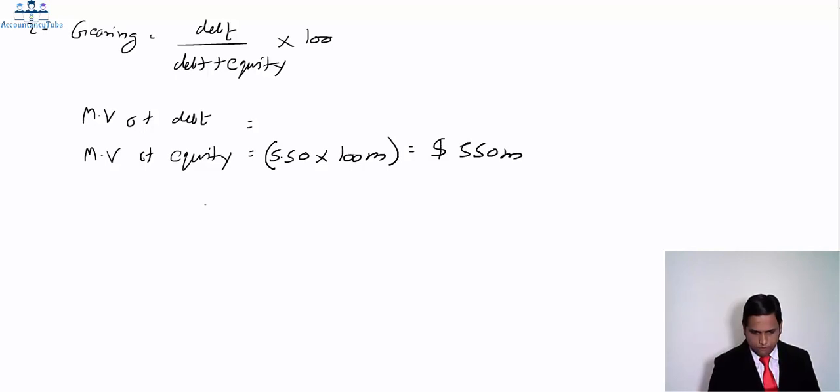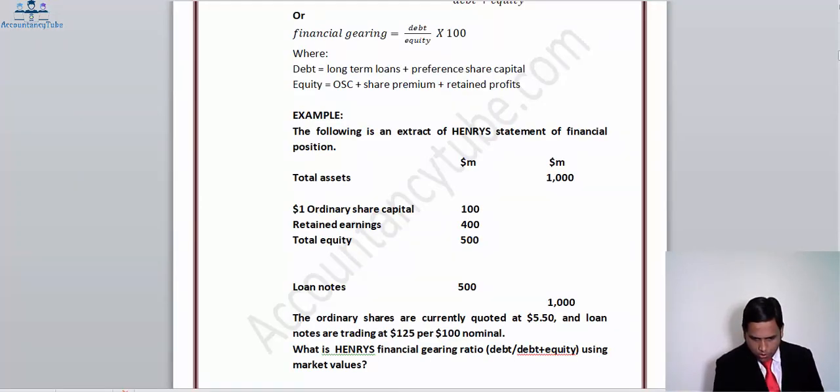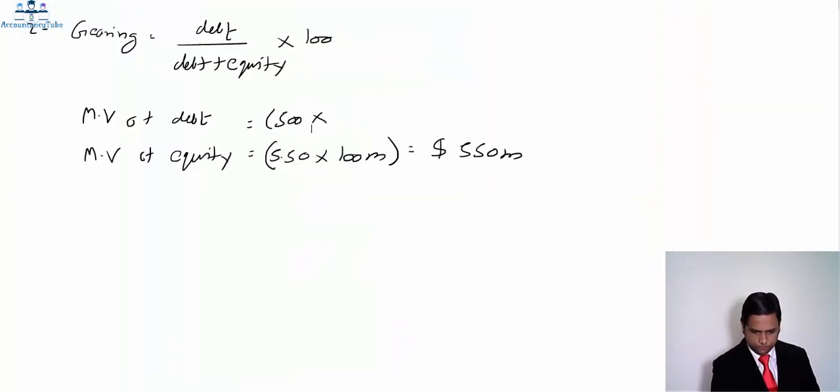And the debt, if I remember correctly, was 500 and was trading at 125 per 100 nominal. So that would be 500 times 125 over 100. If you compute that, we will get an answer of 625 million, and these are in dollars.